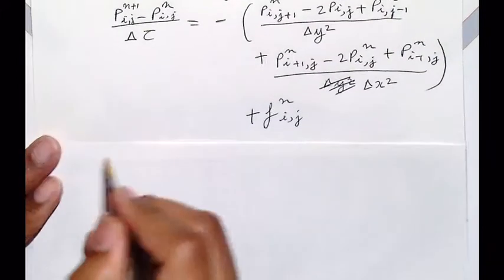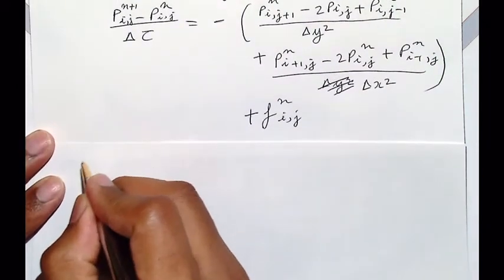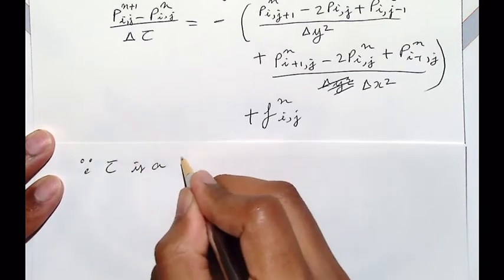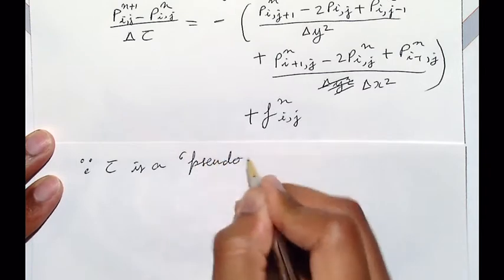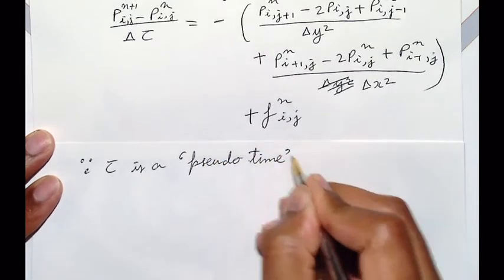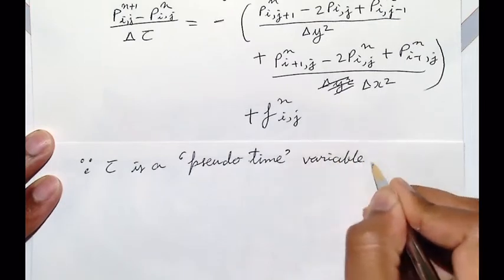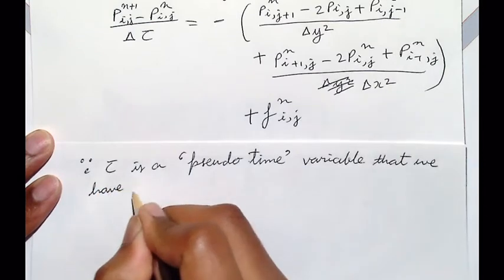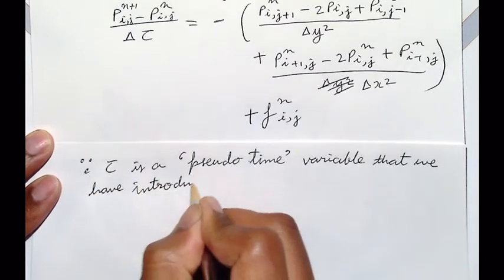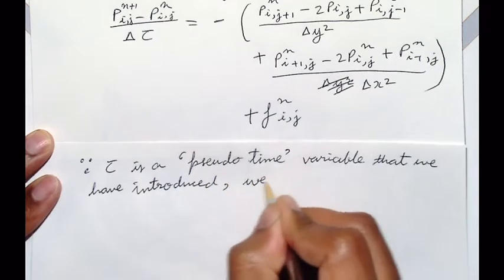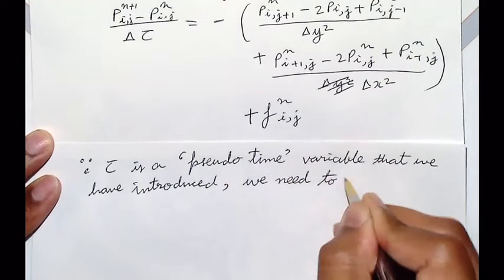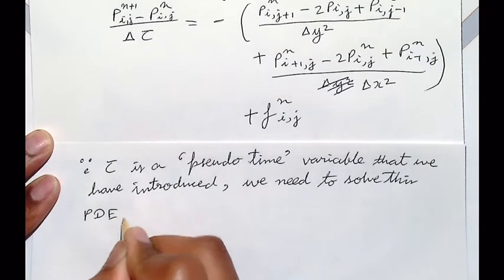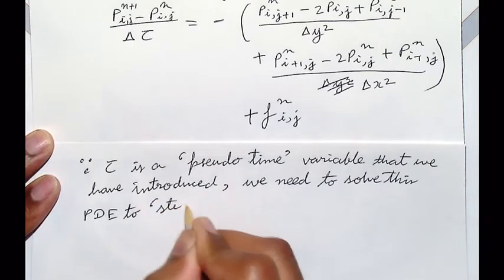So let's see. Since tau is a pseudo time variable that we have introduced, we need to solve this PDE to steady state.